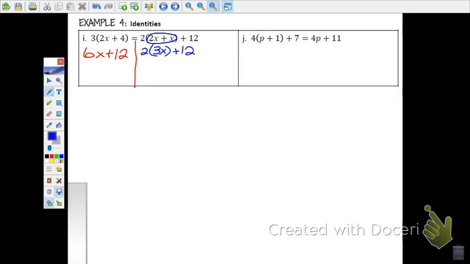Now I can multiply, I don't have to distribute, and I get 6x plus 12. Okay? So those are equal to each other. Okay? 6x plus 12 is equal to 6x plus 12. So that is what we call an identity.